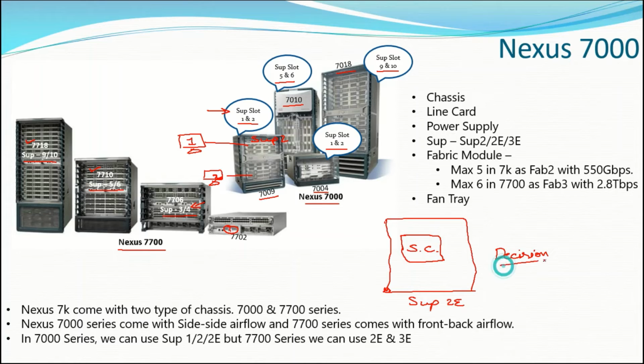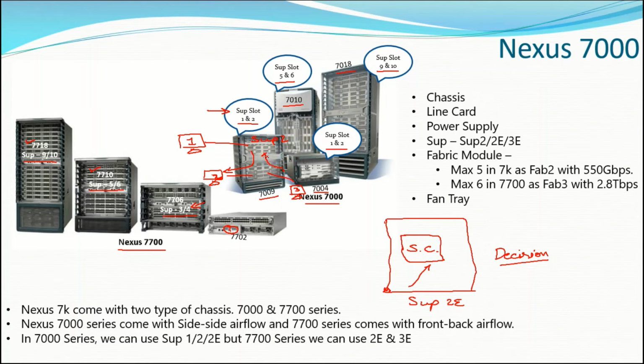Once the decision has been made, it is handed over to your system controller, and the communication is going to happen to your destination device. Next time, when another server connected here wants to talk to server 2 once again, the switch request comes to the switch, but this time the request will not reach your supervisor engine.